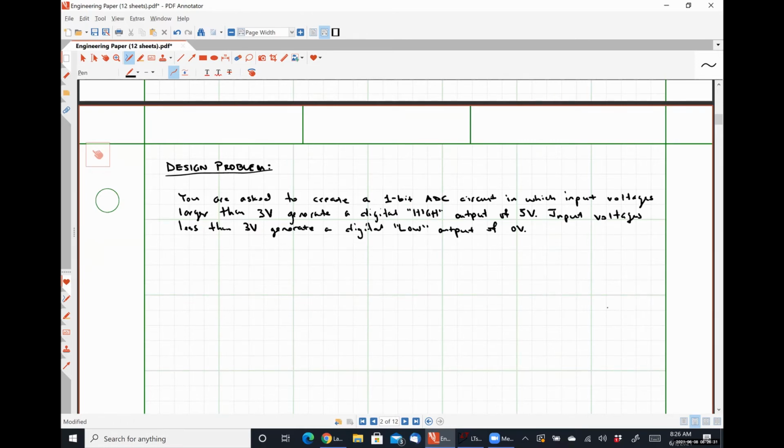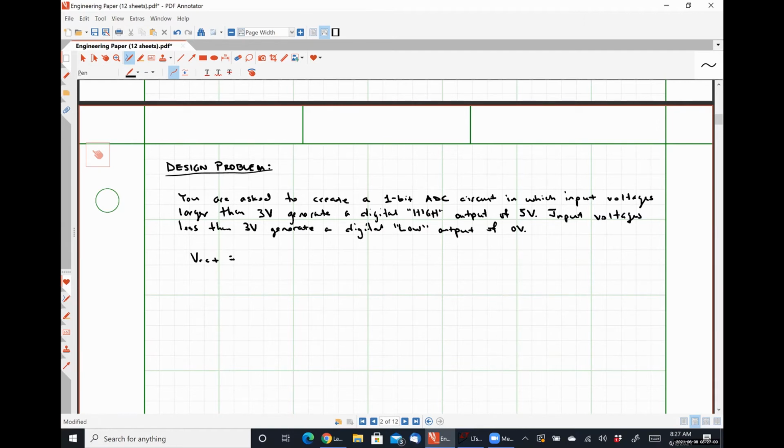Okay, so we can define VCC plus and VCC minus from the problem statement. So let's put your money where your mouth is and tell me what VCC plus needs to be. Should be 5 volts, right? Because our output is going to be VCC plus or VCC minus.